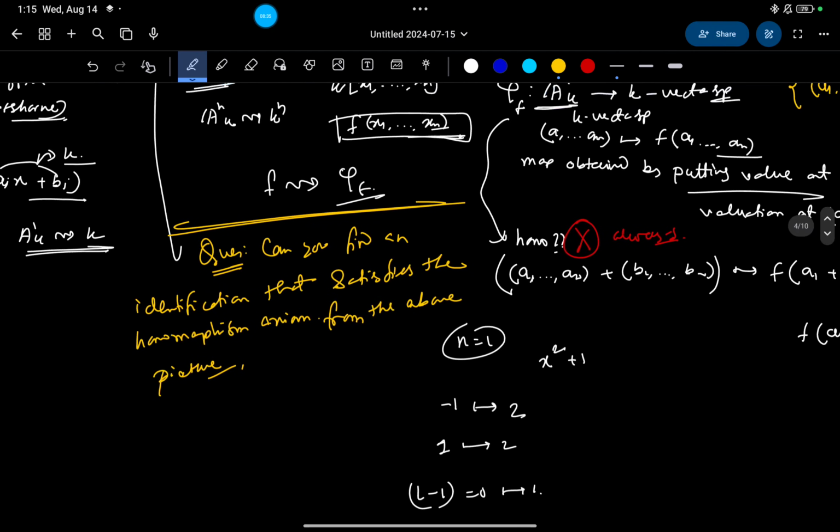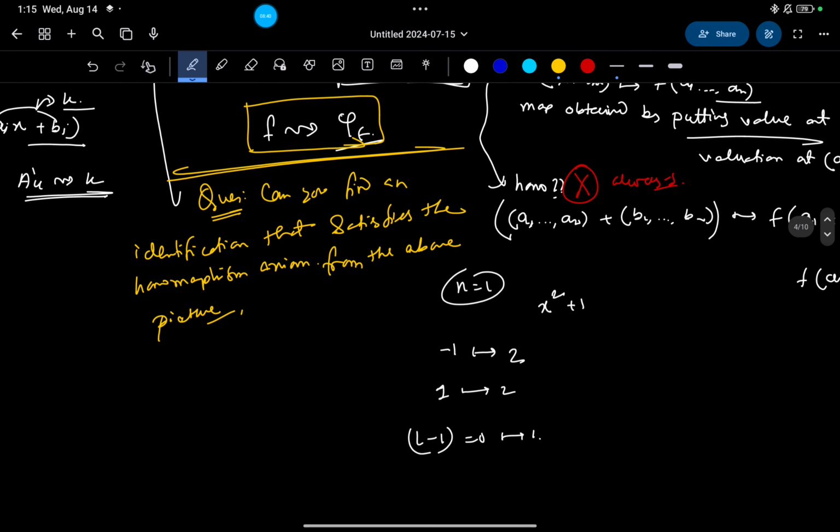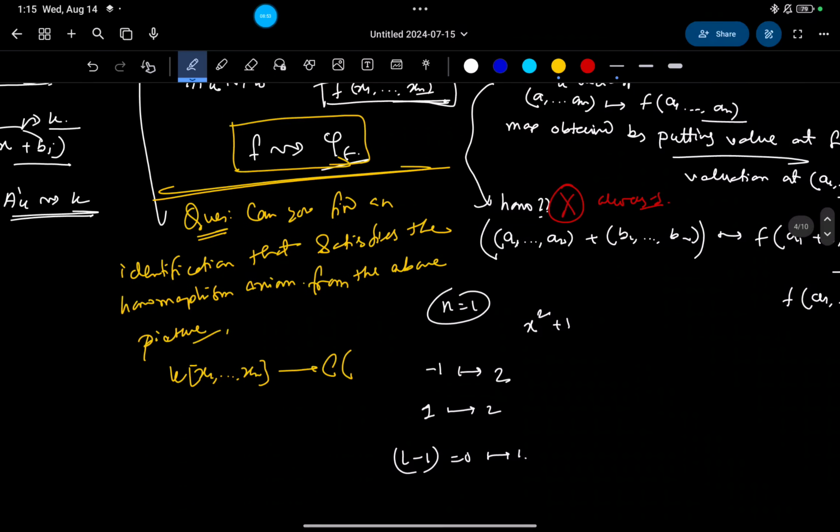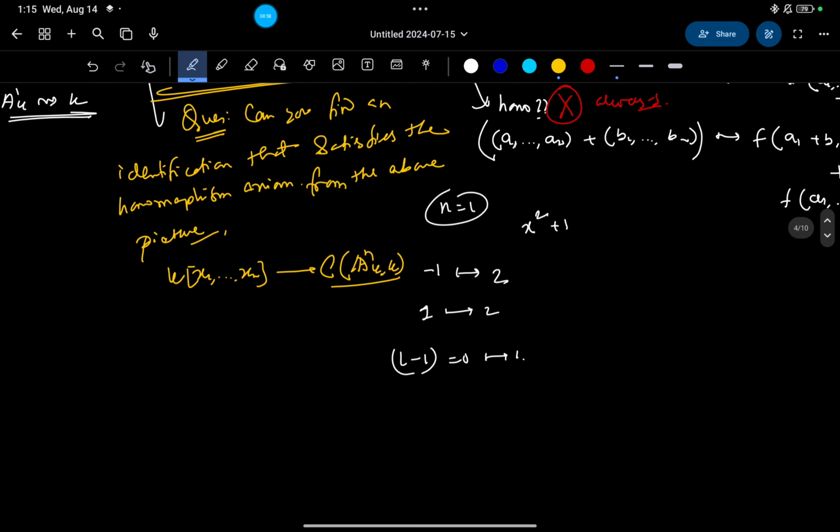So just consider this particular identification, that is K[x1, ..., xn] to the set of all functions, let's say define functions from A^n(K) to K, like every element small f(x1, ..., xn) is mapping to phi_f.